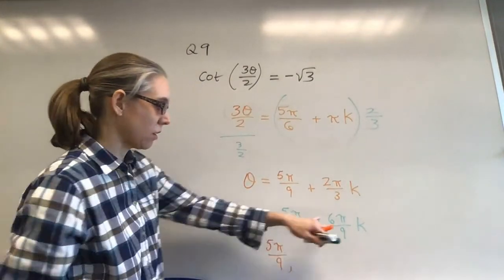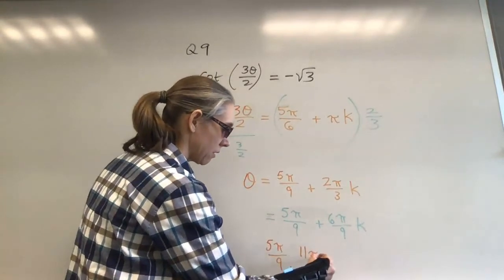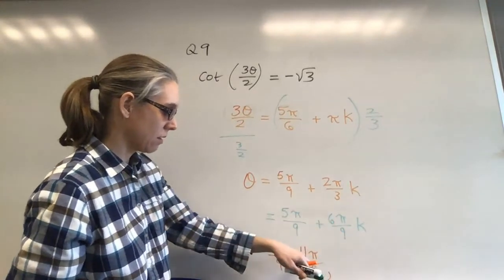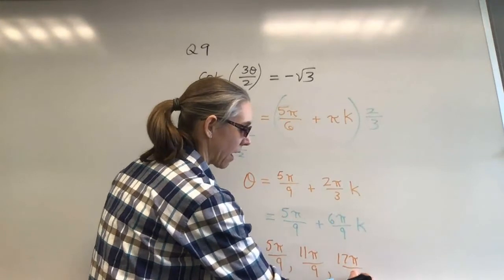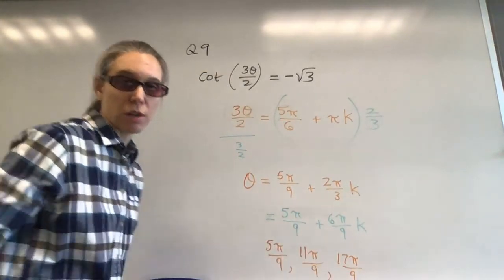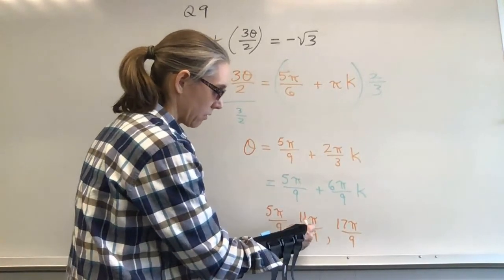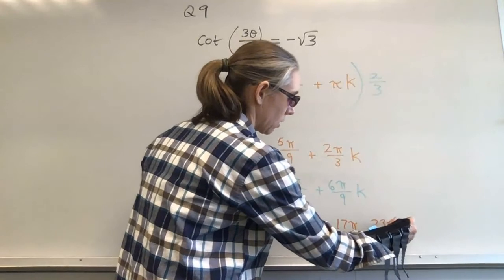Then your next value would be adding 6 onto 5, which would be 11 pi over 9. And then your next value, you add another 6, so you get 17 pi over 9. You just keep adding 6 to the numerator. So 5 plus 6 is 11, 11 plus 6 is 17, then you have 23 pi over 9.